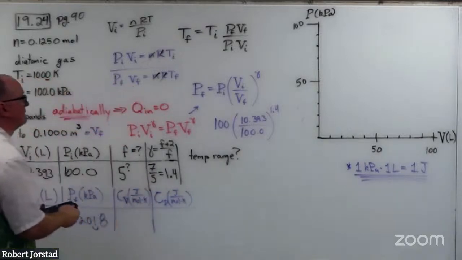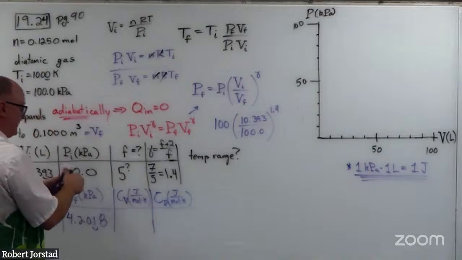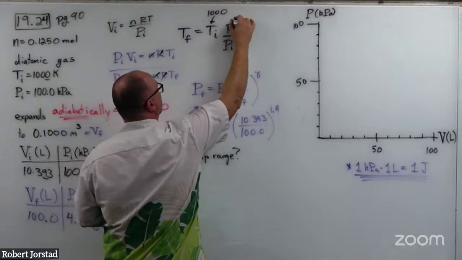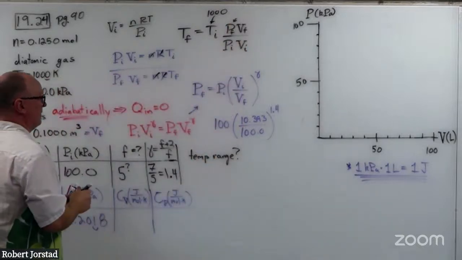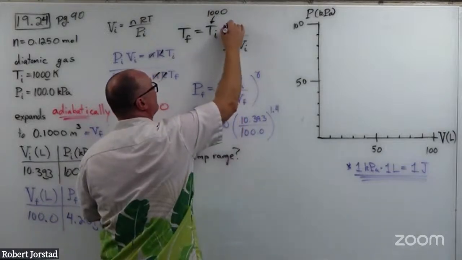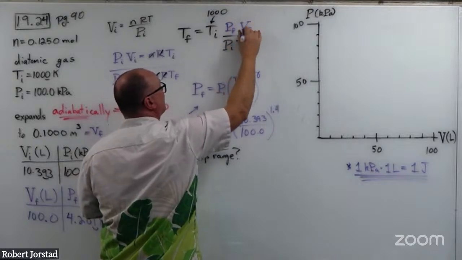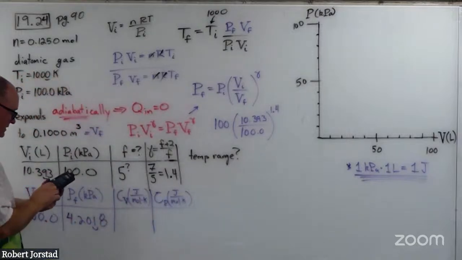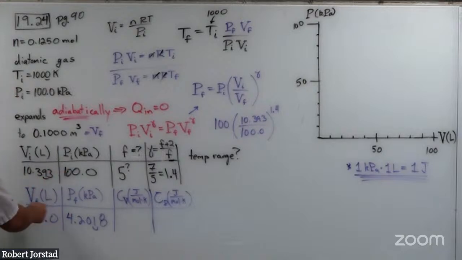So I'm going to go ahead and, what was T initial? 1000. And then I know P final is this, you know what, I'm going to color code this one so I don't screw it up. All right, so I'm going to punch in the numbers. You guys can do this too, ratio. So 1000 times P final, V final. Well, that's just shifted 2, that's 420.18 divided by P initial, V initial.